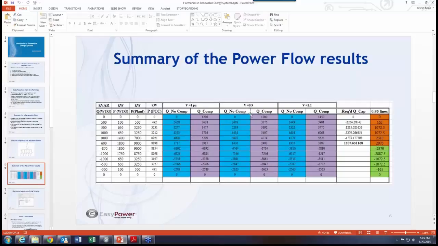As you see, voltage has gone down from 100% to 90%, and this value has gone up, and here it has gone up even further. So, 2428, 2403. With the voltage change, in fact, which makes sense.